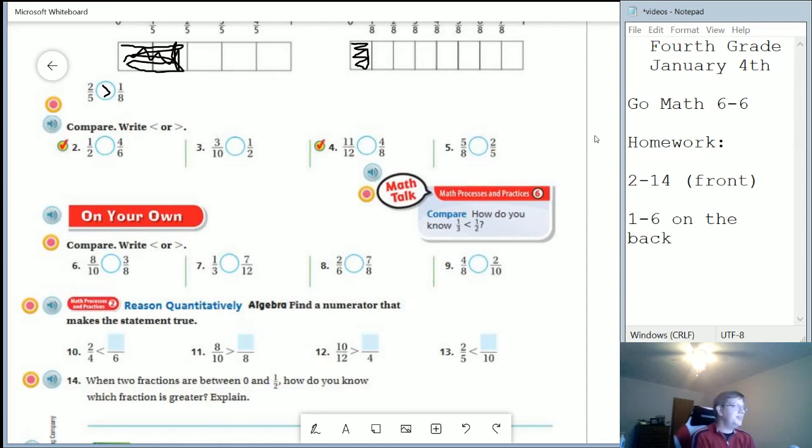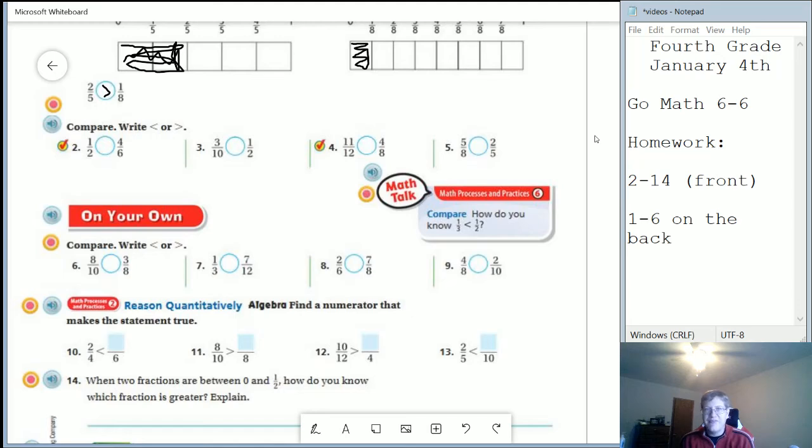So number 2, we are comparing 1/2. We want to figure out what half of 6 is. So think about what that number is. If I did 6 divided by 2, what answer would I get? That is going to be the number of parts out of 6 that would be equal to 1/2.